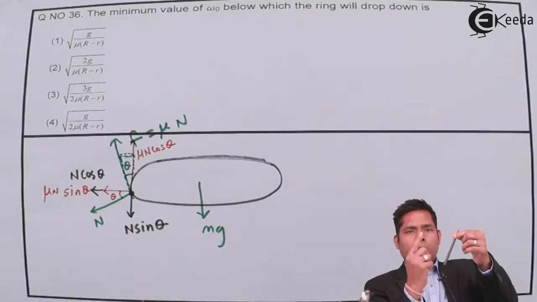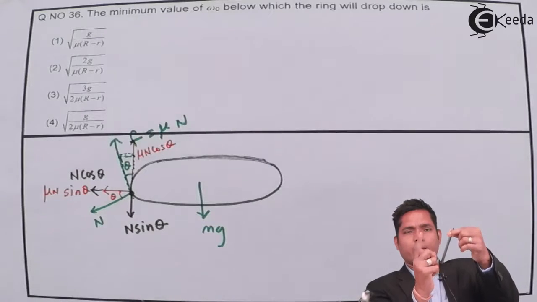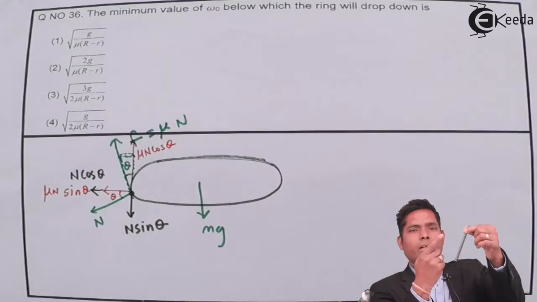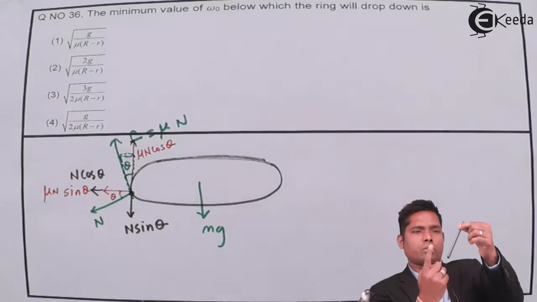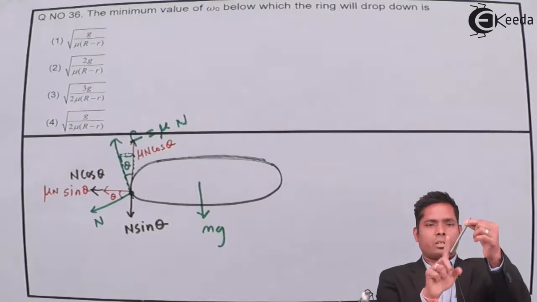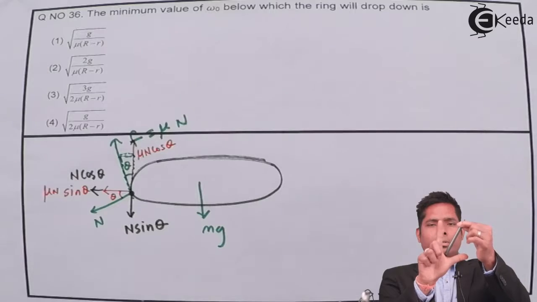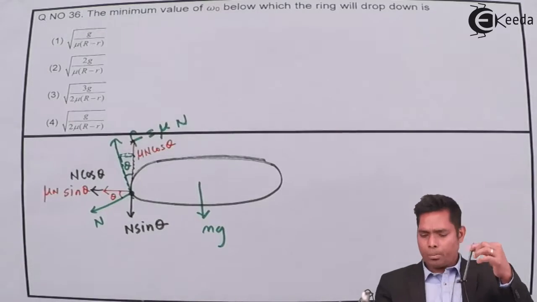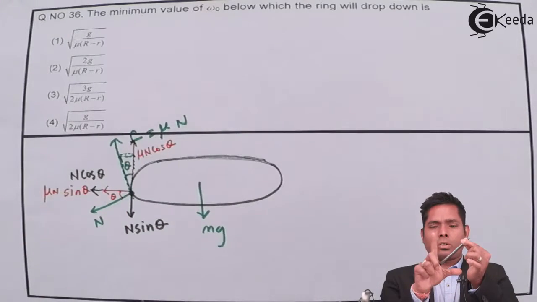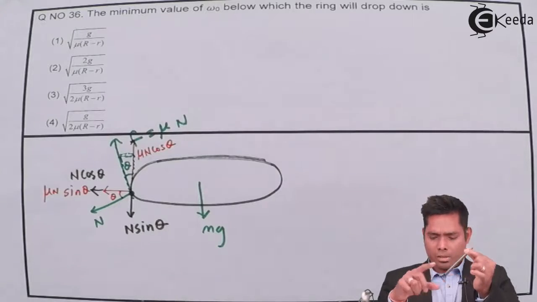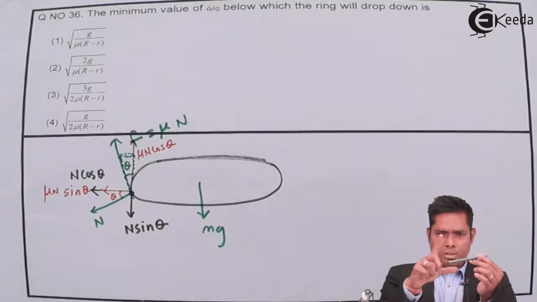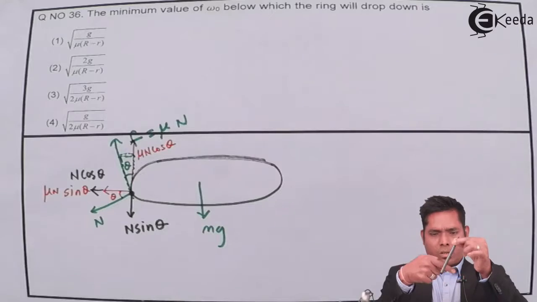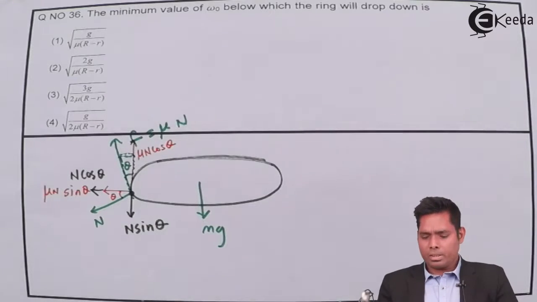So just let me repeat that the frictional force here is resolved into, this is how the ring is actually, I'm just drilling like this, and the ring is rotating like that. So the ring is rotating. Here the friction is divided in two components like that. This component is mu N cos theta, this is mu N sin theta. Similarly, the normal reaction is also divided into two components.